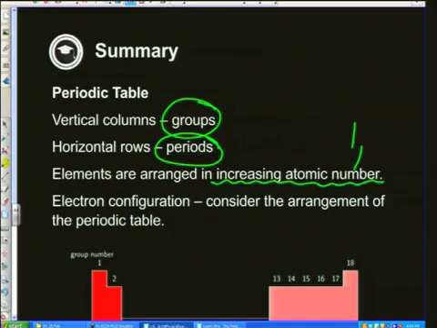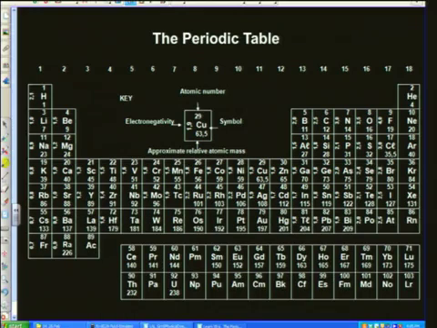Remember, that is the number of protons in the nucleus. So I want to come across to the periodic table that I've got on the screen and just highlight a few things for you here. When I speak about a group, I'm meaning a vertical column. So that's going to be a group. And I would call that group 1.